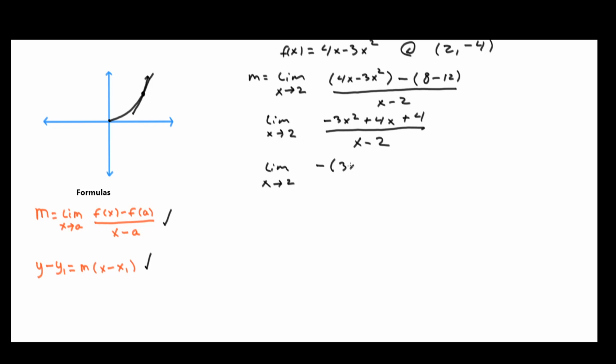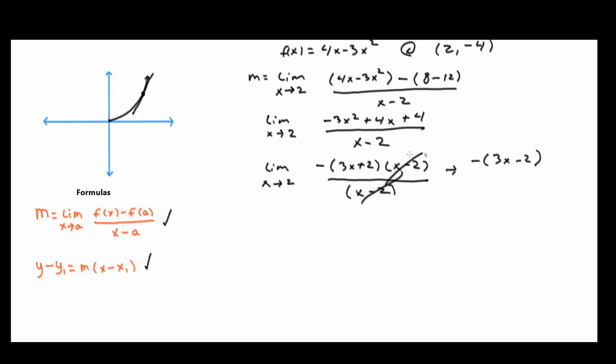And then we can do (3x plus 2) times (x minus 2), all over x minus 2. So now we can get rid of these. And then we'll have a negative (3x minus 2).